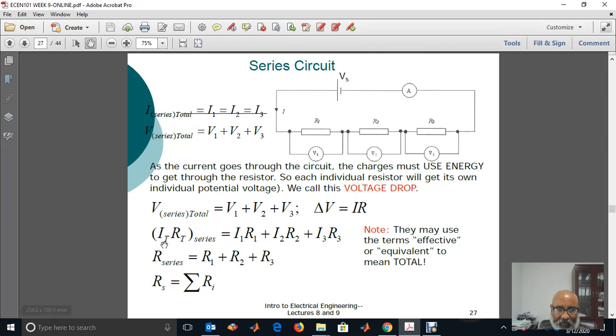Therefore, because I total, the total current, is the same as I1, I2, and I3, the I will cancel. We find the total resistance for the series circuit is R1 plus R2 plus R3. So if we connect more elements, always for the series circuit, the total resistance is the sum of the resistance of each element.